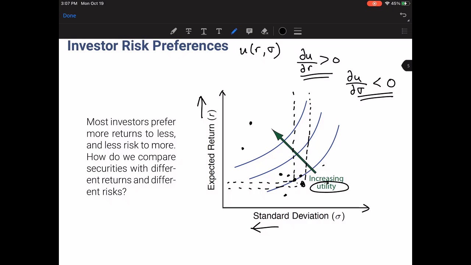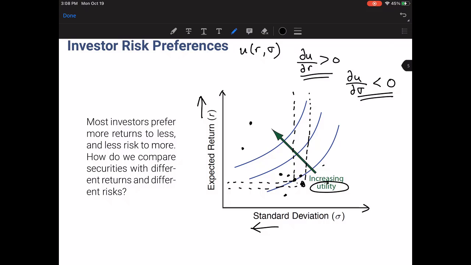Okay, so how do we represent risk aversion, and how do we compare risk aversion between different investors? We can do this by observing that we can take the total derivative of U and set it equal to 0. Again, this is just calculus concepts. If you don't know what that means, that's fine.